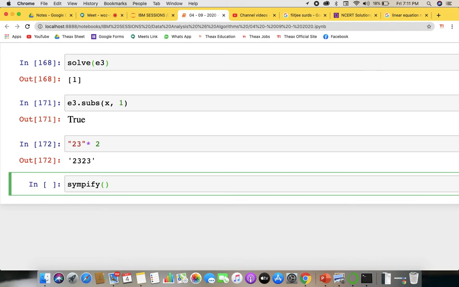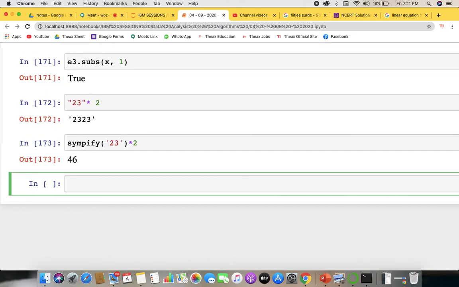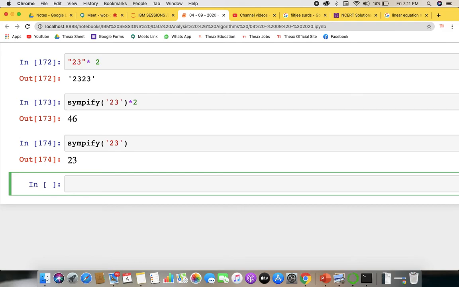So if I write in a string 23 multiplied by 2, see, answers are there. So what is simplify of 23? It's a number.